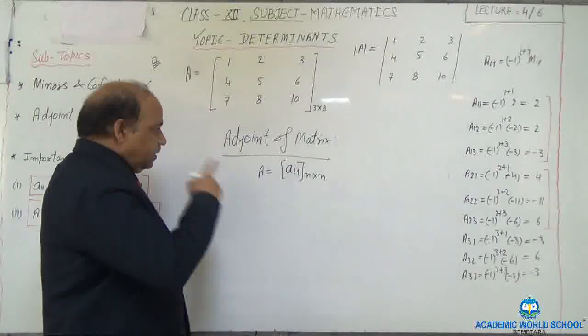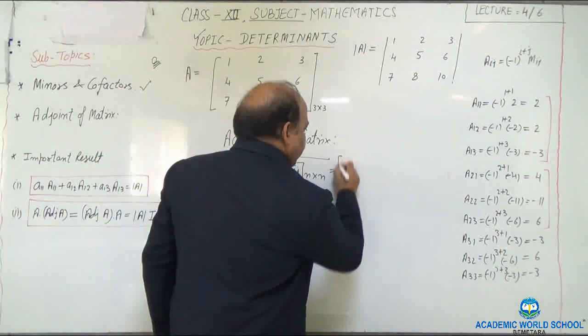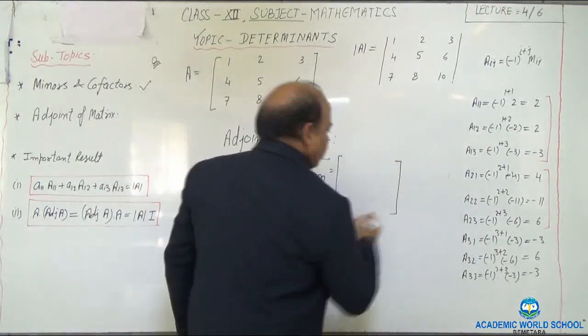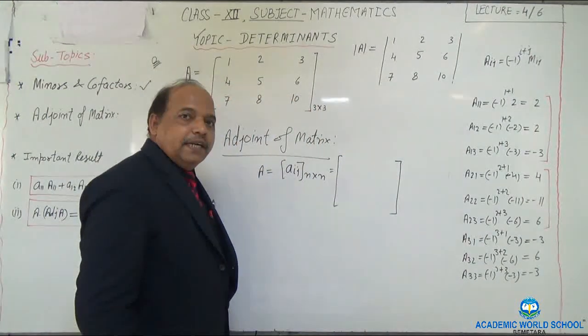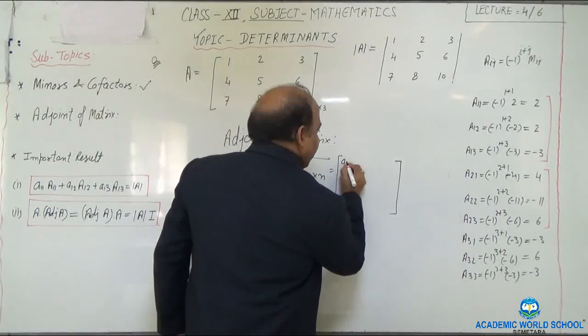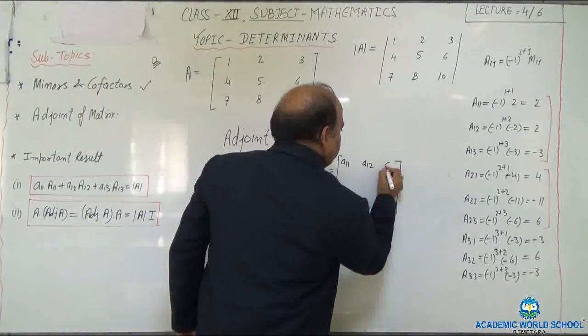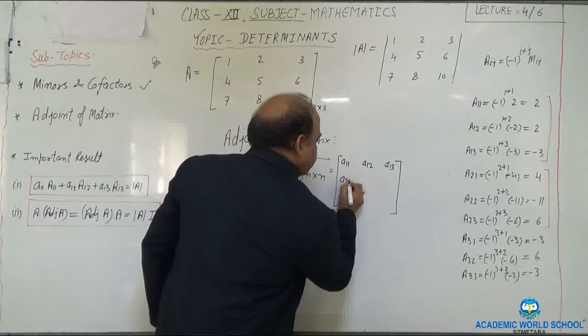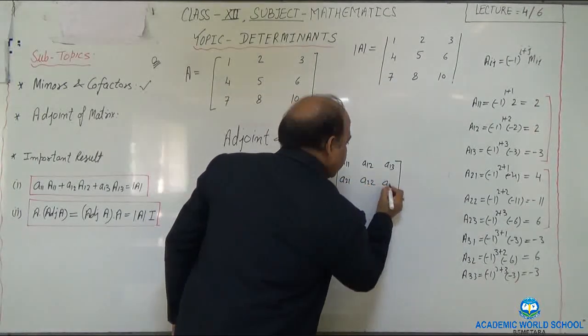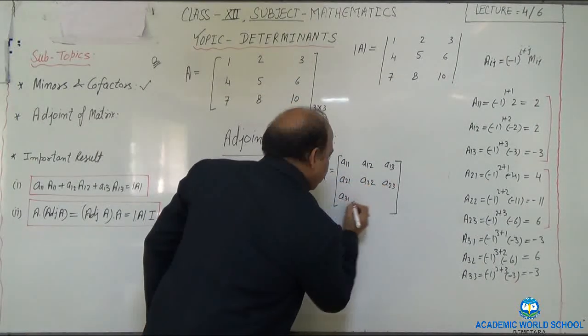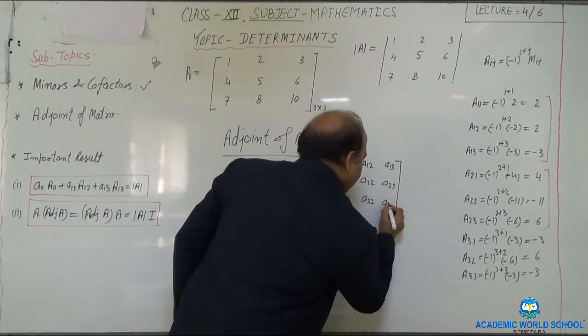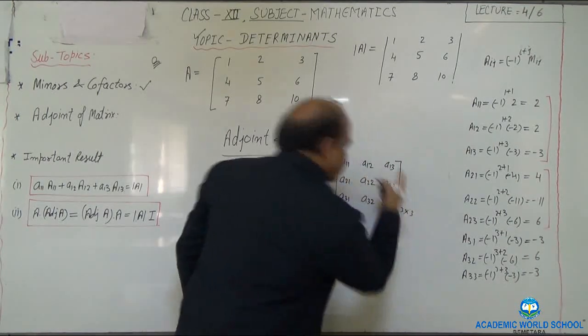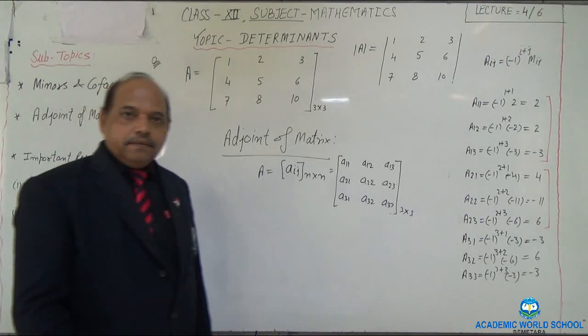Fine. Now, just for understanding, let me write down the expanded form of this. So this is A11, A12, A13, A21, A22, A23, A31, A32, A33. This is your 3 cross 3 matrix.